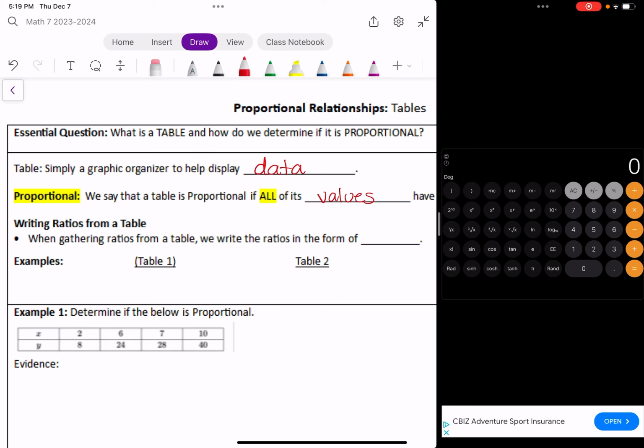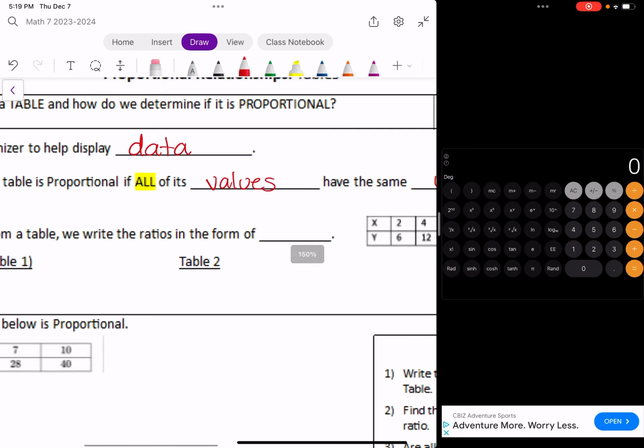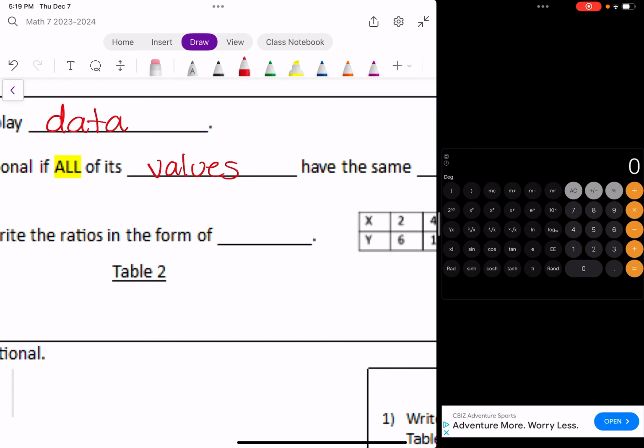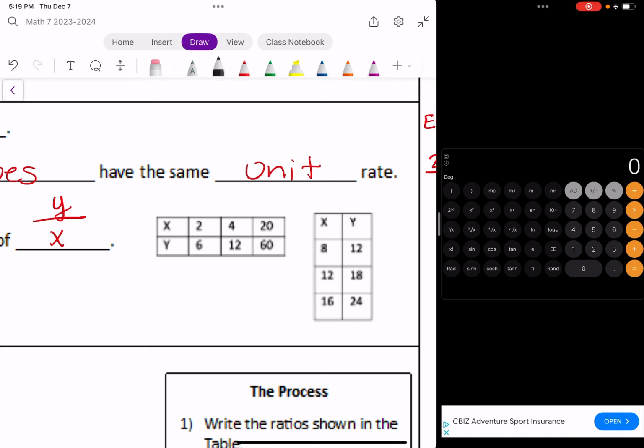When gathering ratios from a table, we write the ratio in the form of y over x. Remember, ratios look like fractions. We just have to make sure that our y's are on top and our x's are on bottom. So we have two tables here. Let's name this one table 1, yellow, and this one table 2, blue.